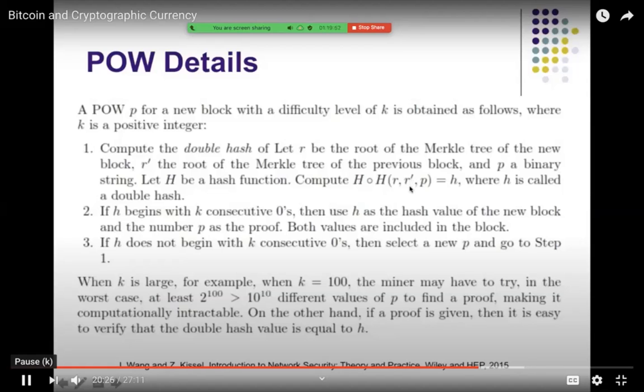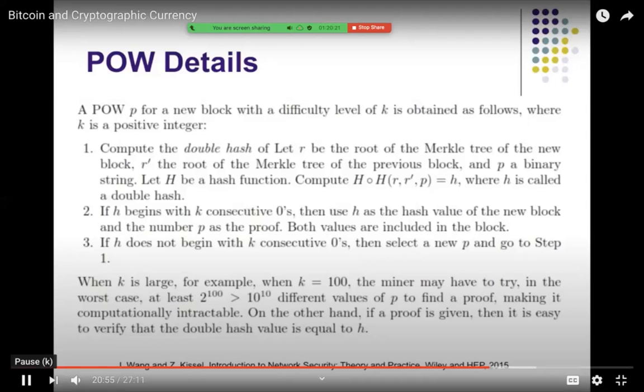I want to insert this new block into it. In order to insert it, you need to find a binary value P so that you do a double hash, and that double hash contains K consecutive zeros as prefix. So this process is extremely difficult.